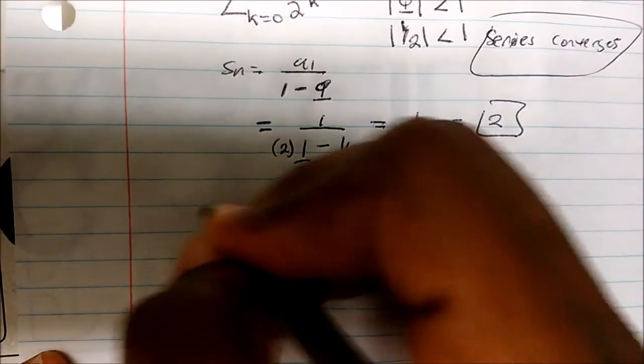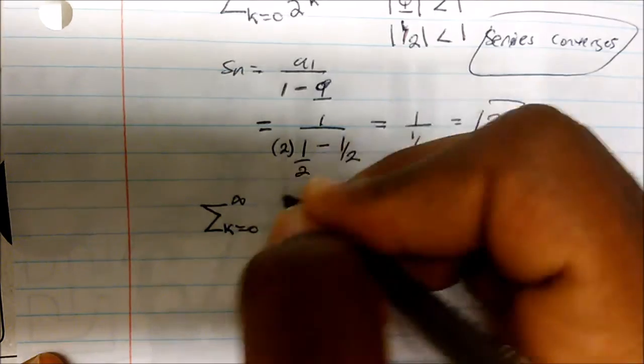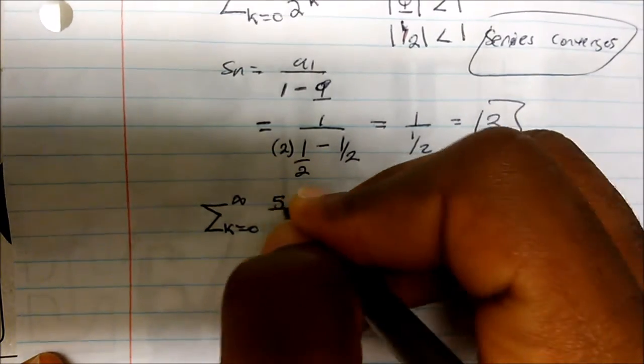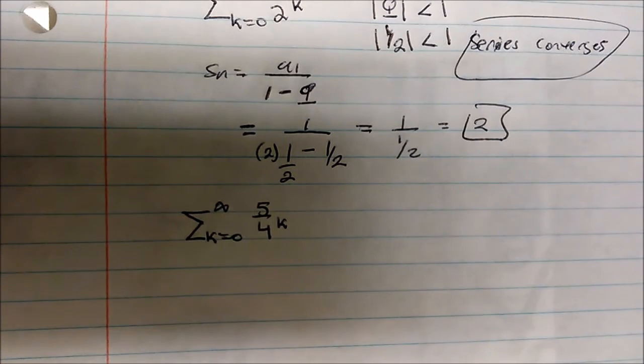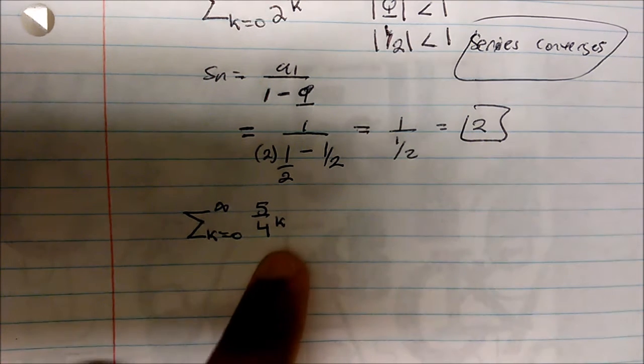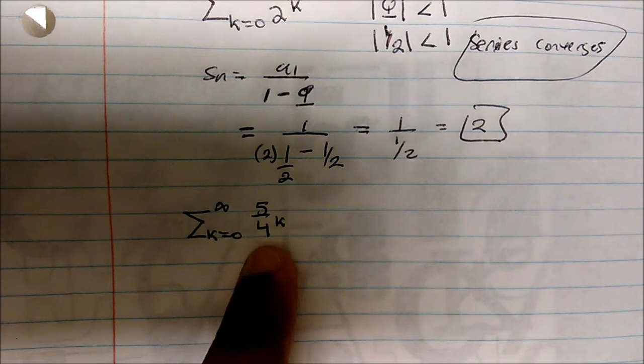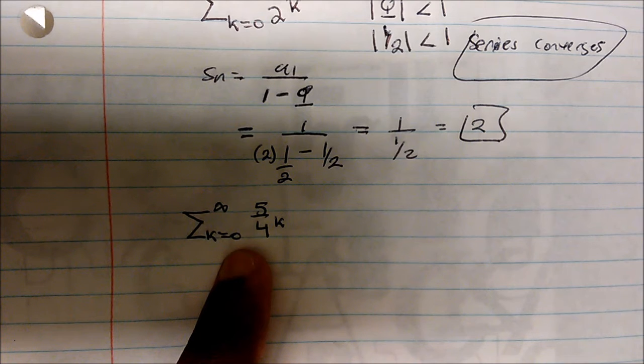What about this one? From k equals 0 to infinity of 5 over 4 raised to the k power. What if we had to determine whether this series converges or diverges and find its sum? You have to be very careful here.